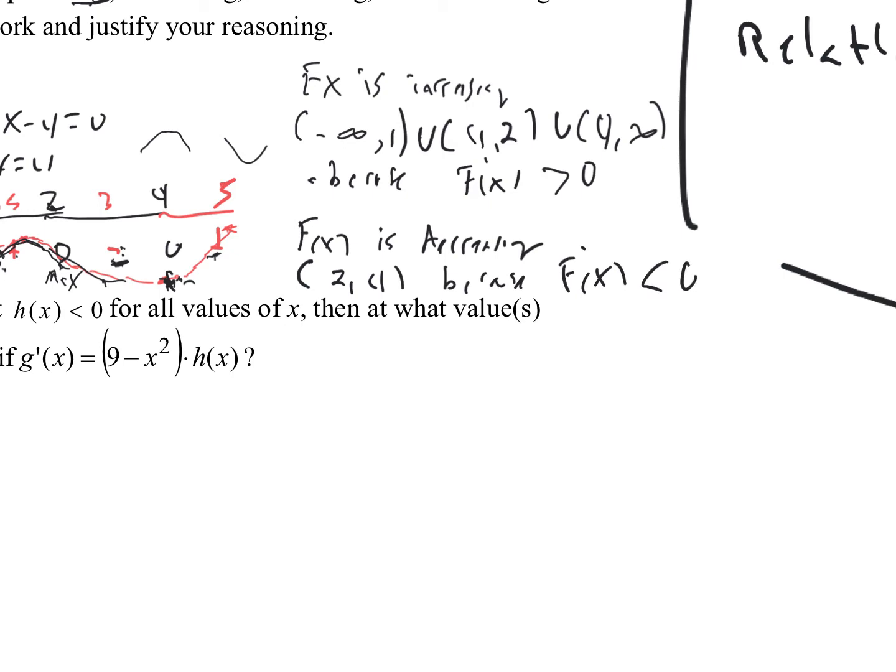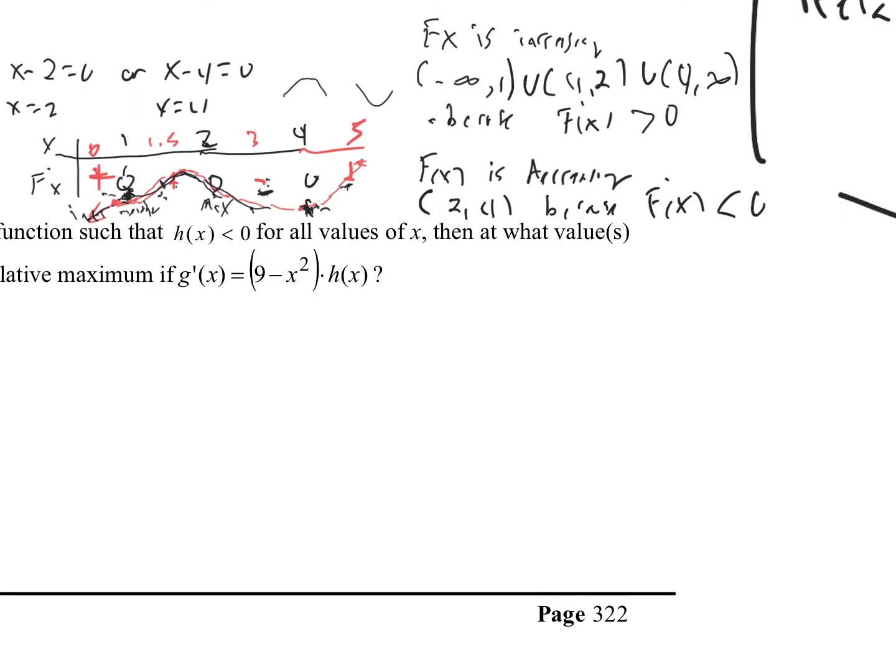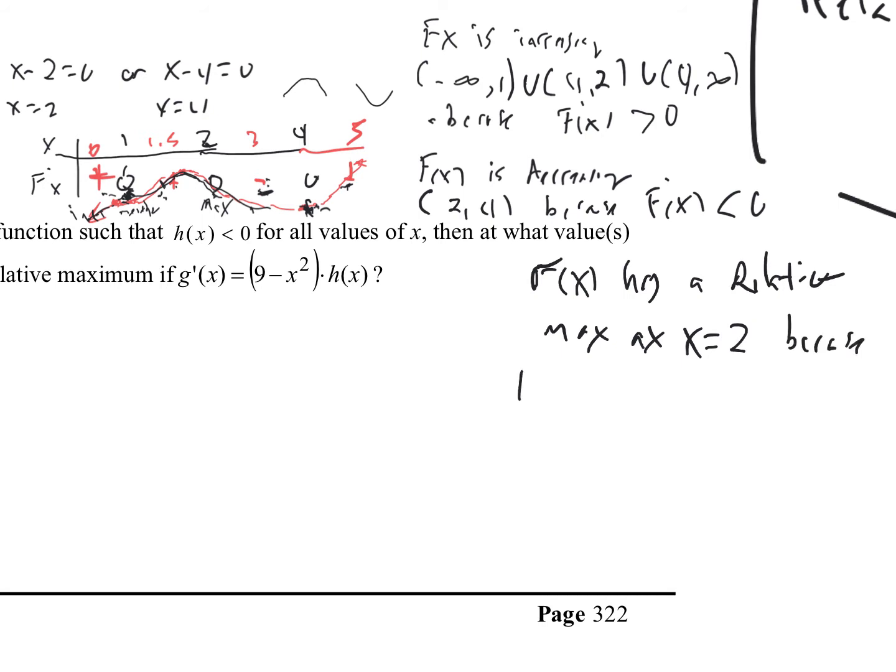Now I have to talk about the relative max or mins. There's one of each. f of x has a relative max at x equals 2. It has to be a critical number because f prime of x changed signs.